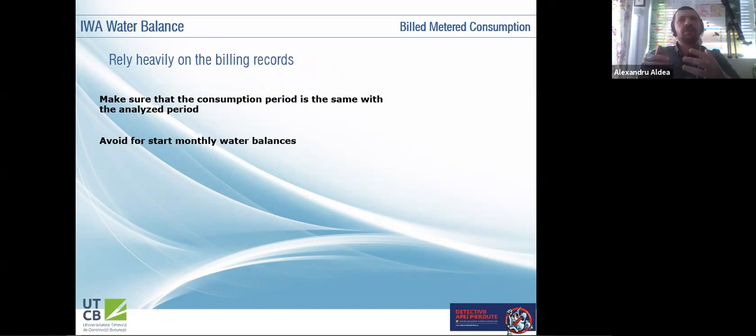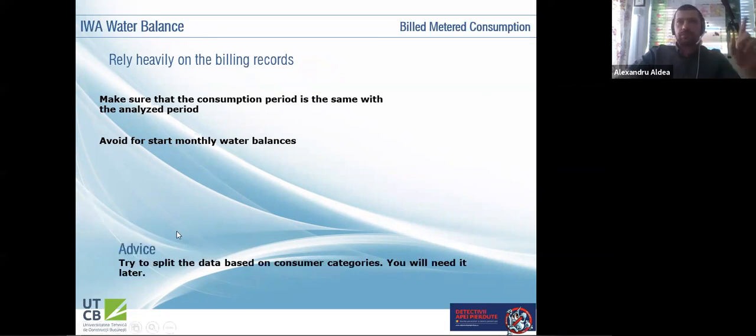They will have incorrect values for the billed consumption, and therefore they will have all nonsense data. So if you don't have a smart technology for reading meters in, let's say, 1 day or 1 hour, don't try to do monthly water balances.